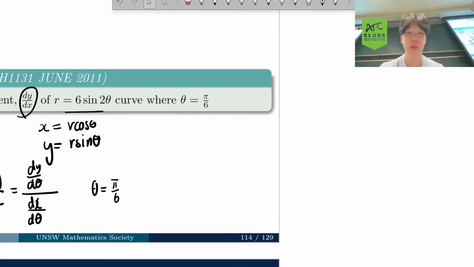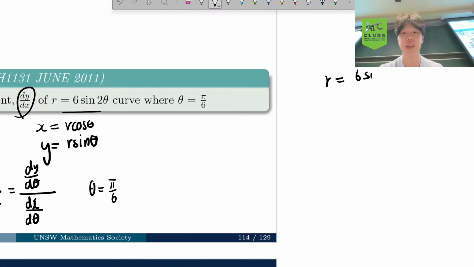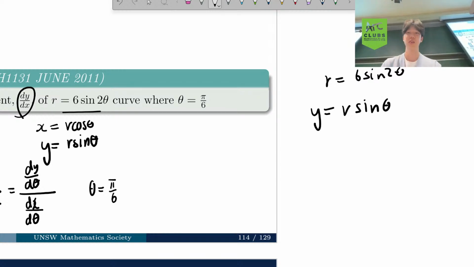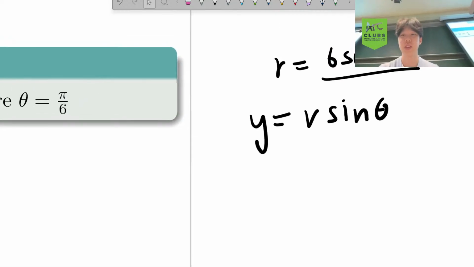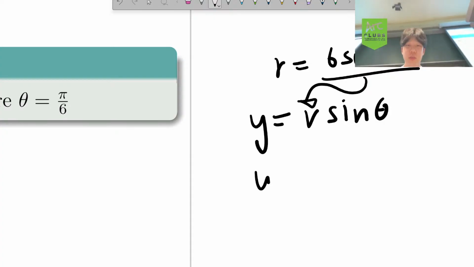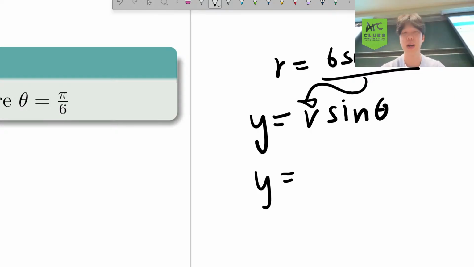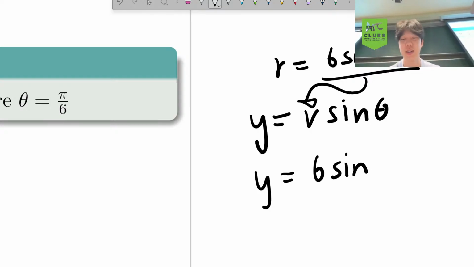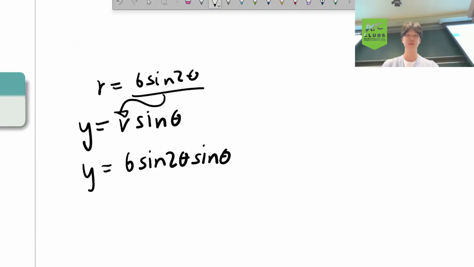Well, we know r = 6 sin 2θ. And we know y = r sin θ, which we just proved. If r is 6 sin 2θ, that means I can plug this right into where r is. So we get y = 6 sin 2θ sin θ.